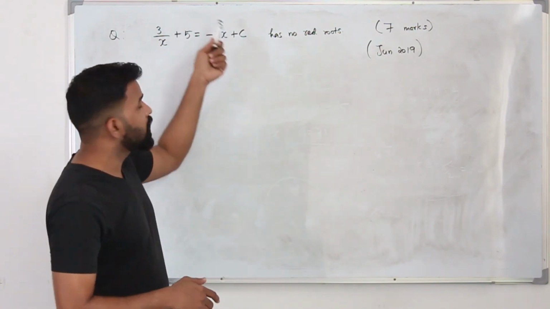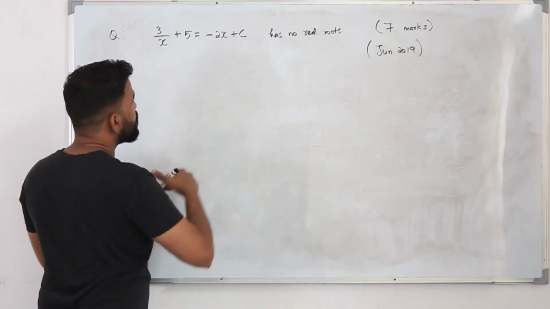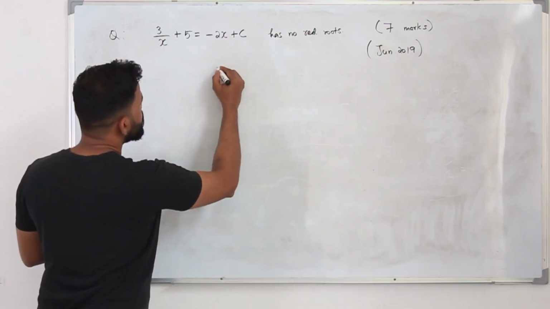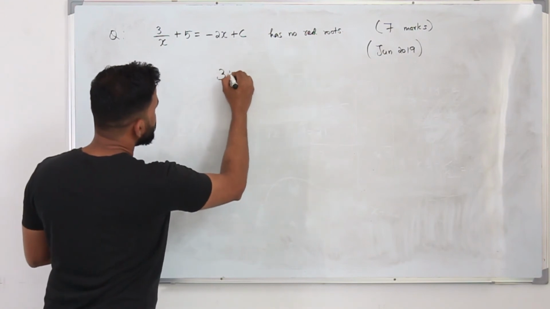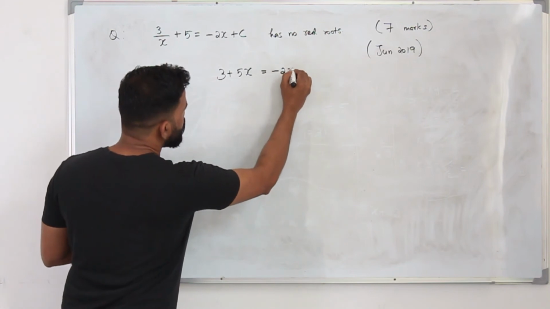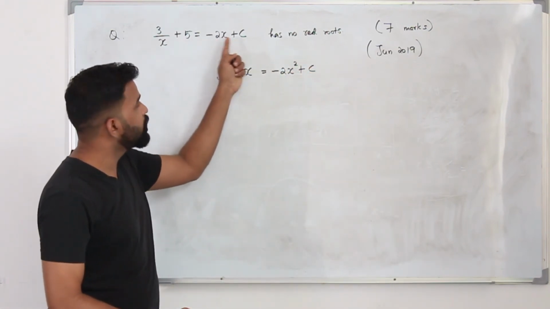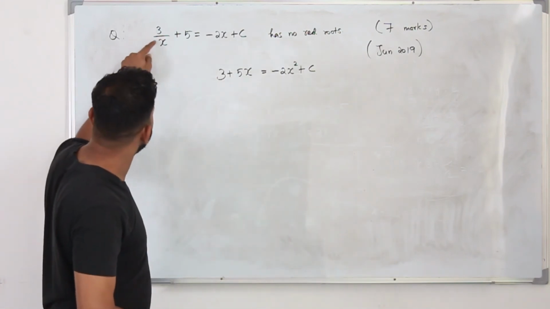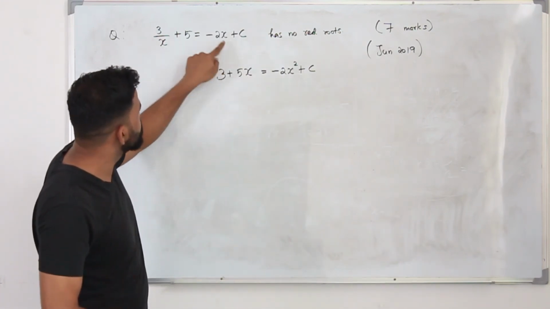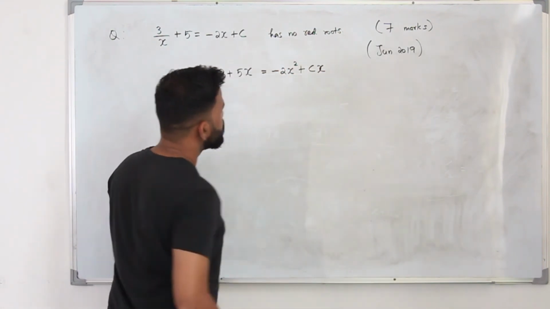First thing, we are going to convert this to a quadratic equation by multiplying everything by x. So when you multiply everything by x, it becomes 3 plus 5x equals minus 2x squared plus c. Multiply each and every term by x. The first term, the x will be cancelled. This will become 5x equals minus 2x squared plus c times x.